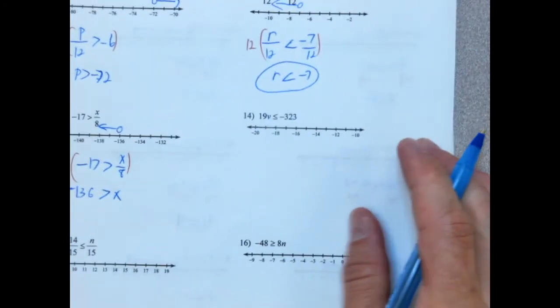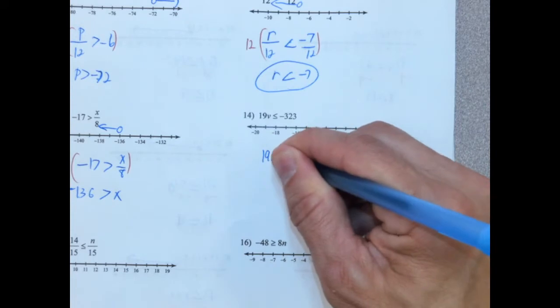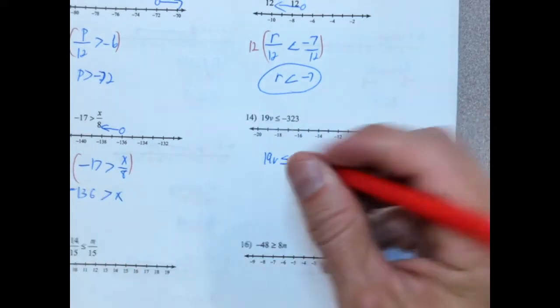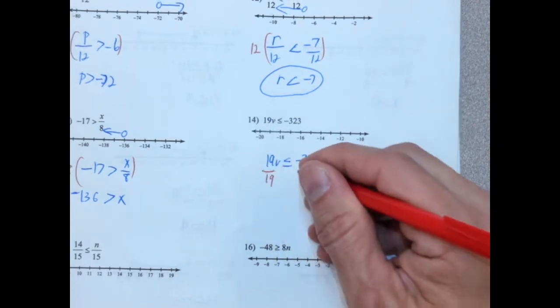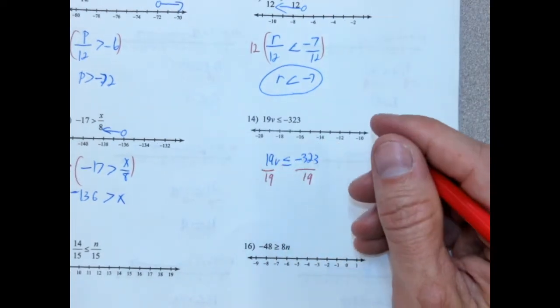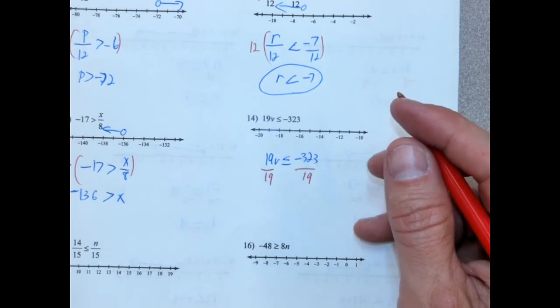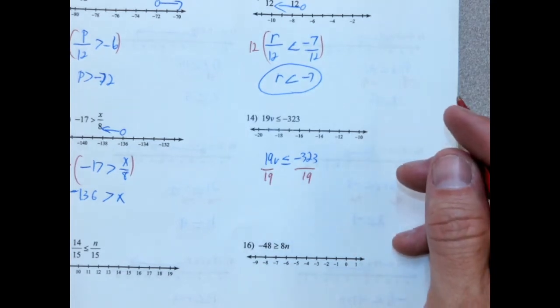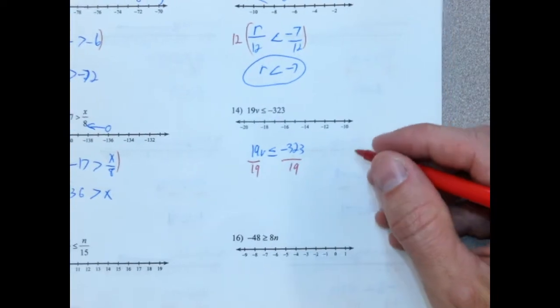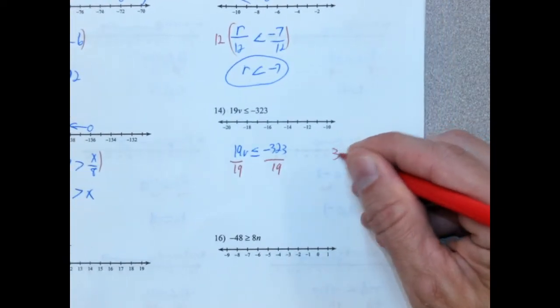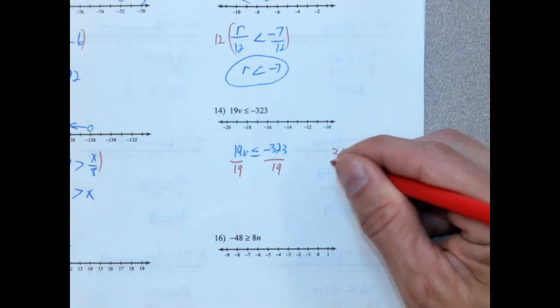Okay. So 19v is less than or equal to negative 323. We're going to divide by 19. I don't know my 19 tables, guys, sorry. 323 divided by 19.